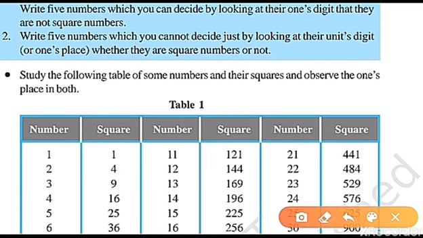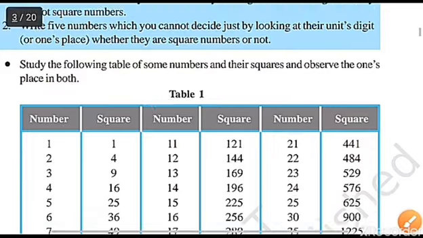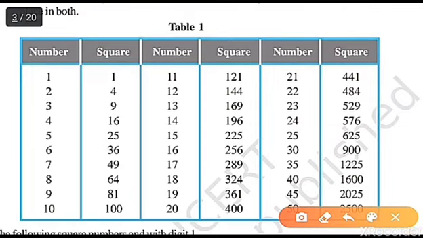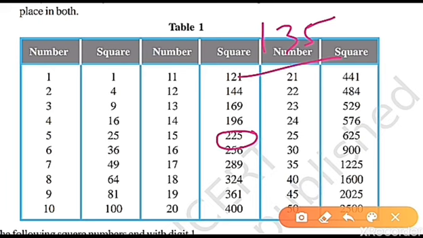So you cannot decide. For example, a number ending with 5 can be a square number, like 25. But what about 135? It is ending with 5 but it is not a square number.